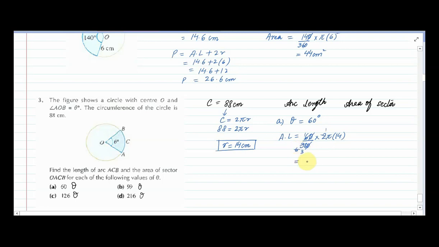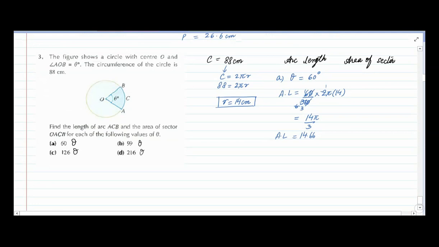So the leftover part is 14 pi divided by 3, right? So calculate it, 14 times pi divided by 3, it's 14.66, right? That is the arc length.